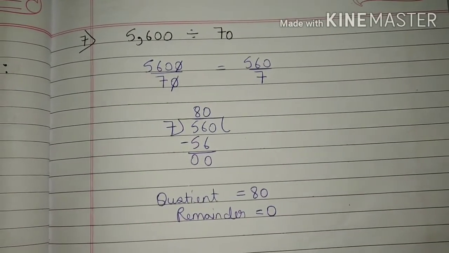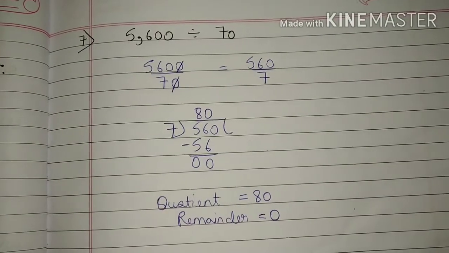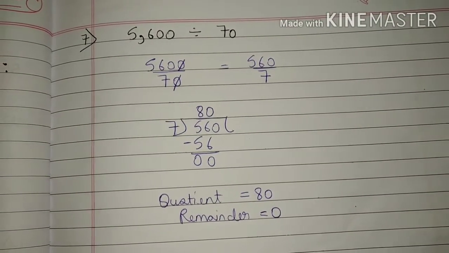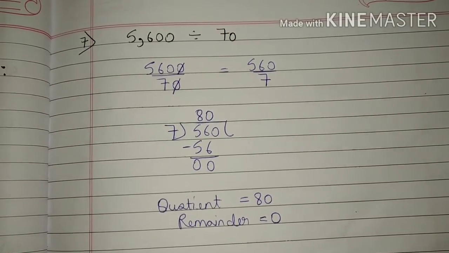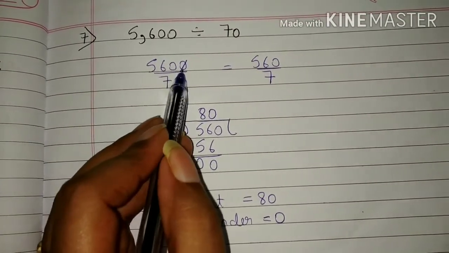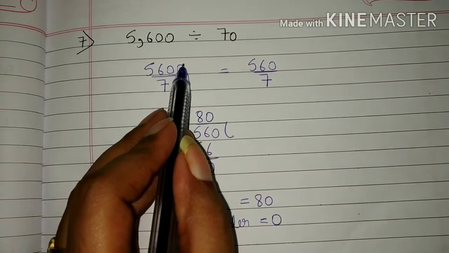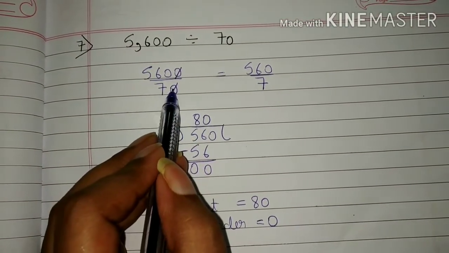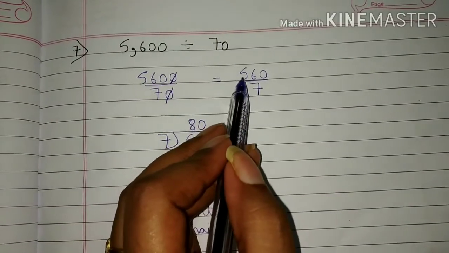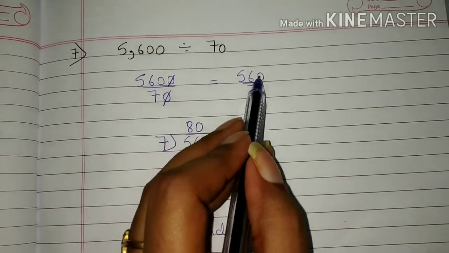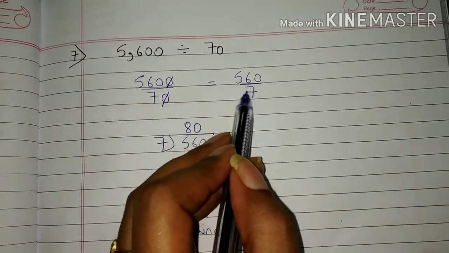Students, this cancellation can be done only when the last digit of both the numbers is 0. Now we are having 560 divided by 7.